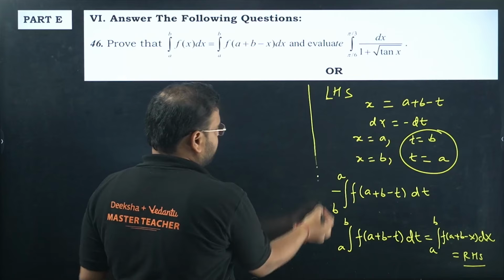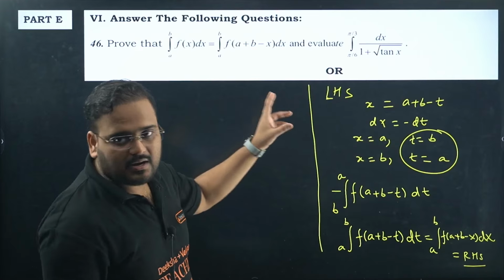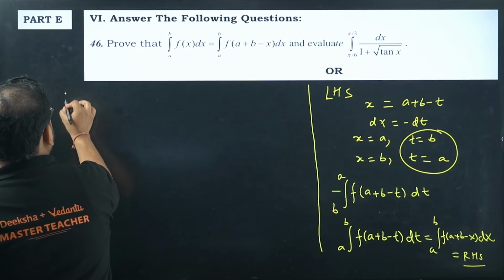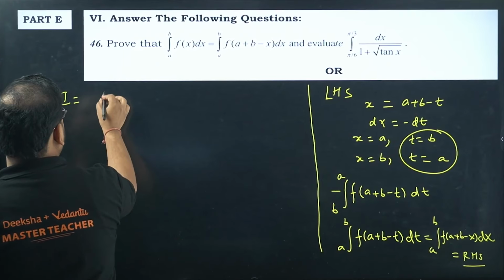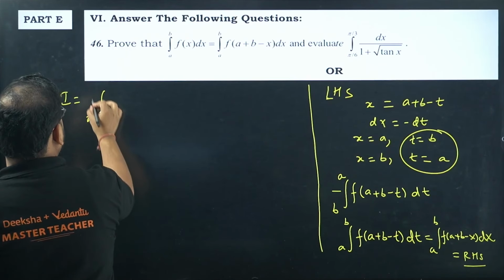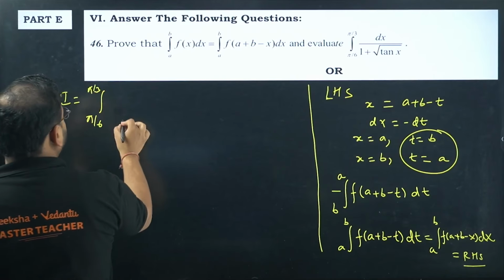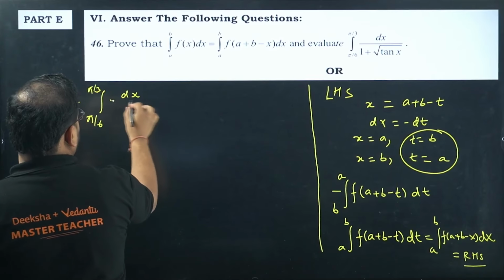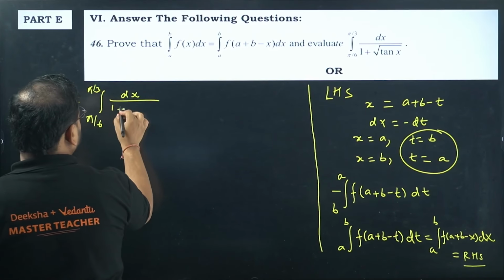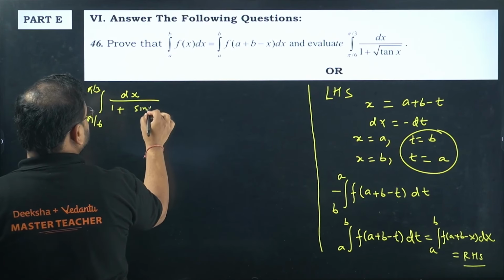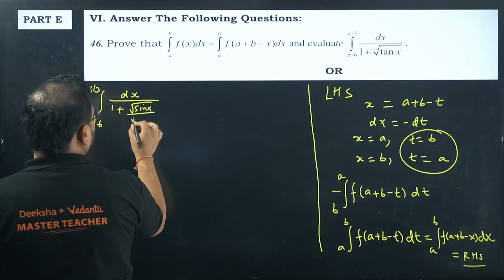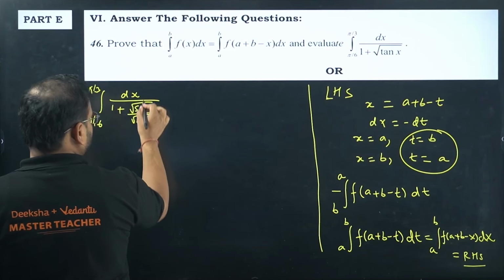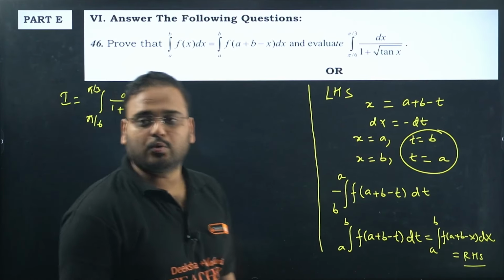Yes. Now the second part. This is a 6 marker, so we have to solve both the parts. Start with the first equation. I equals the integral from pi by 6 to pi by 3 of dx over 1 plus root of sin x by root cos x. Root sin x by root cos x is root tan x.